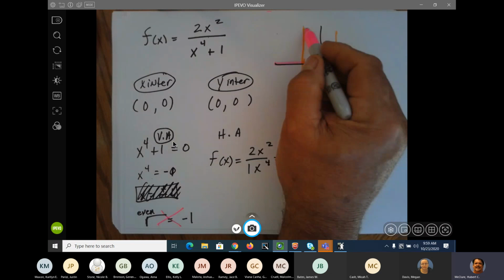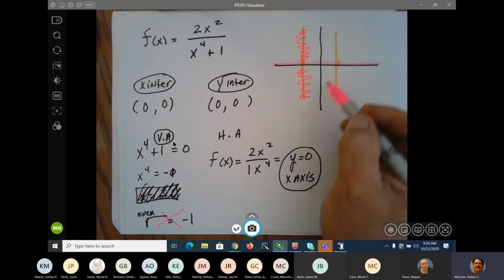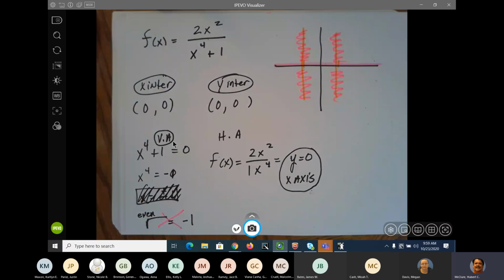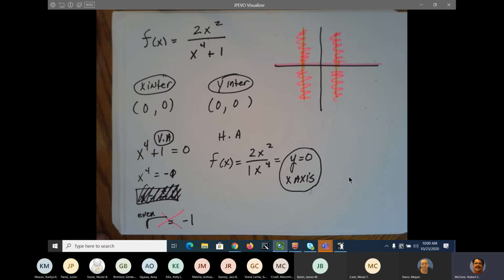And these do not exist. I said positive 1. I brought that over and I put positive 1, and it's not a positive 1, it's negative 1. And you can't have the even root of a negative number come out to be negative. So that's why there's no vertical asymptotes. My mistake. You should have caught that, Mr. Bates.